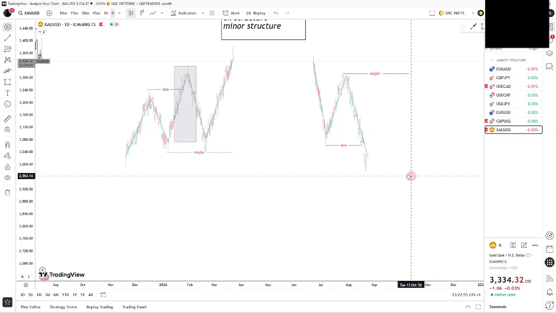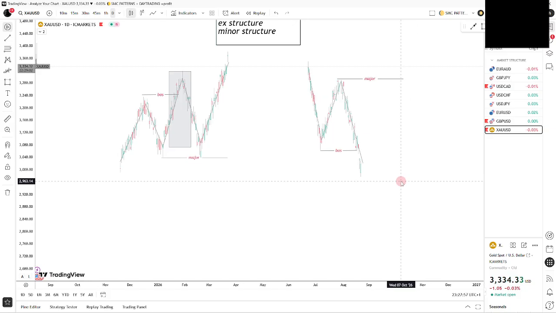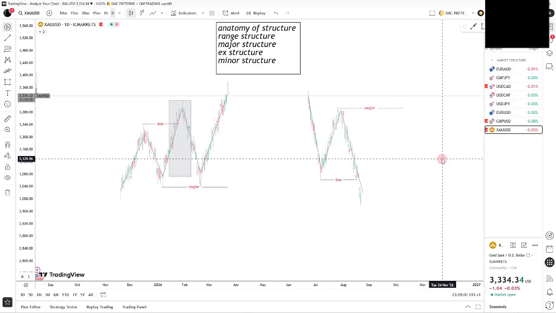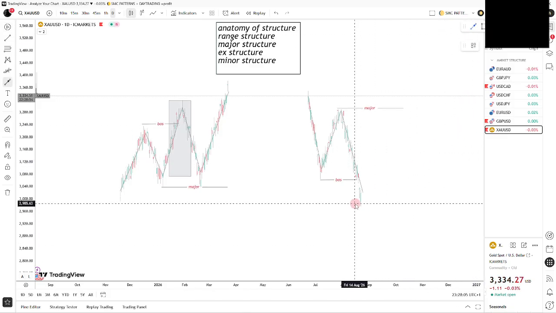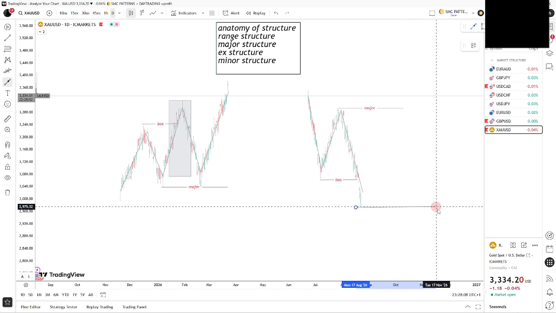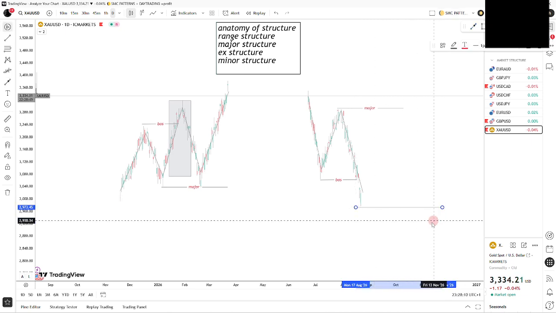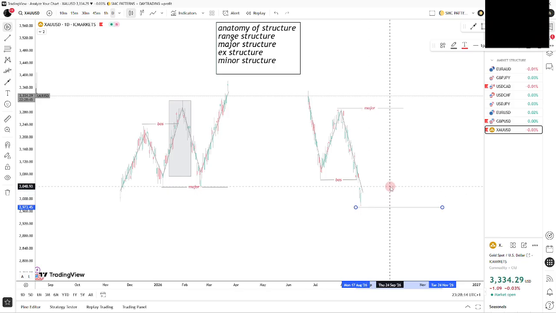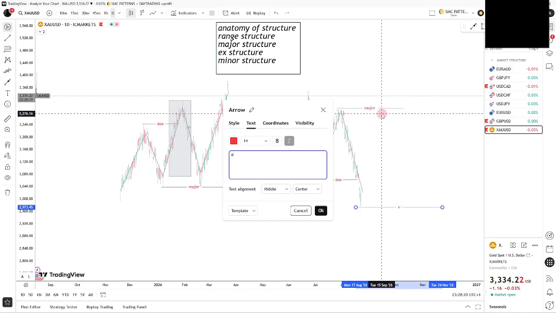The next place we are going to enter is external structure. What is the external structure? If here is the measure, here should be the external. That break of structure, that BOS, can be called another external structure. So why do we call this external structure?